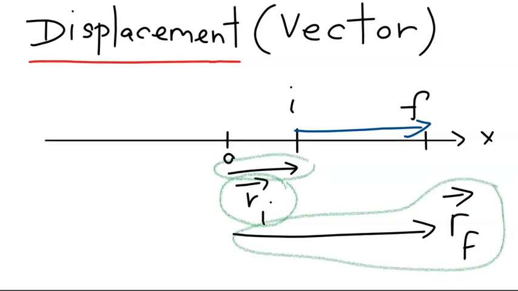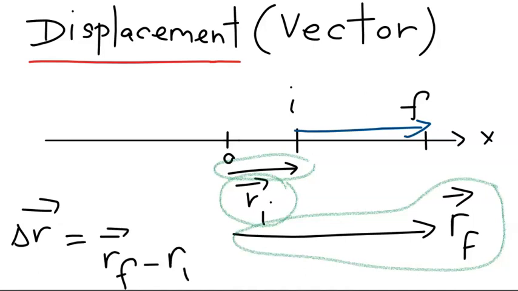So in this case, the displacement vector for this motion is given by the position vector of the final point minus the position vector of the initial point. And this is how we define displacement.